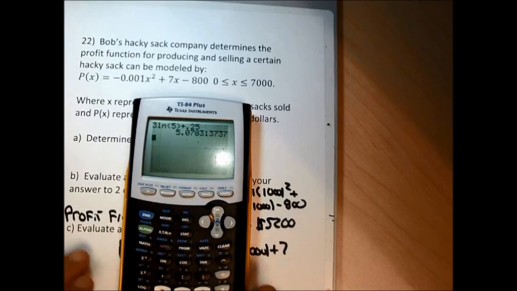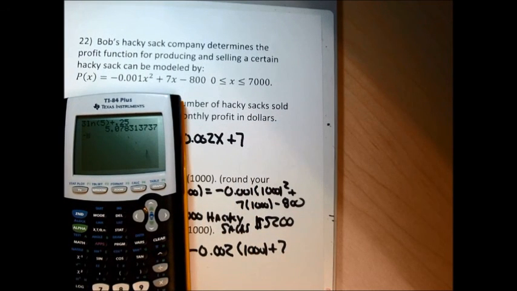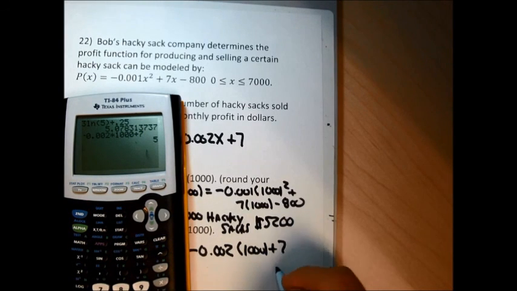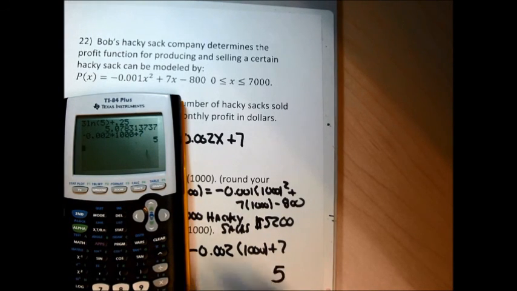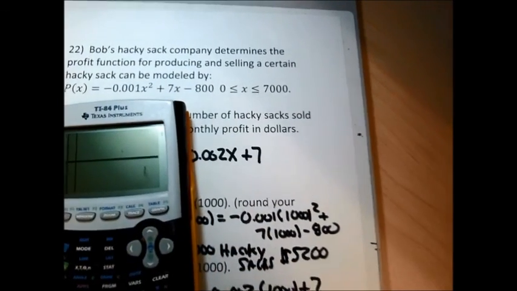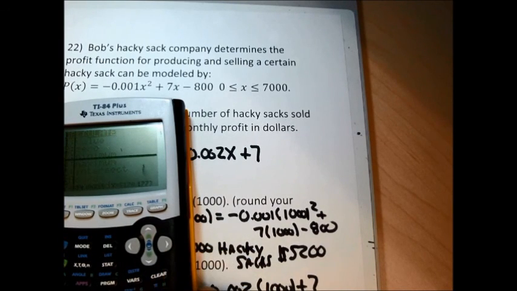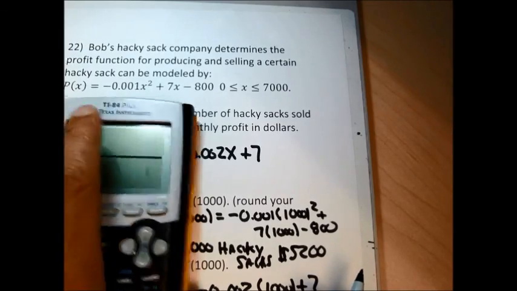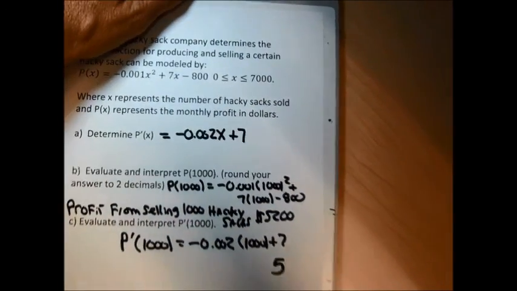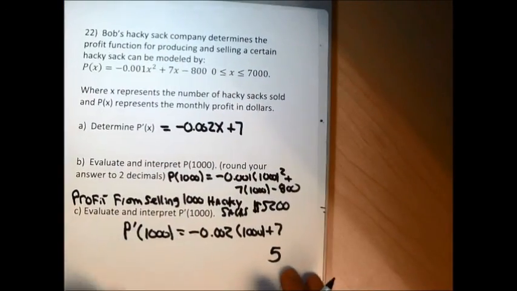So second quit, negative 0.002 times 1,000 plus 7. I get 5. Let me do that from my graph screen. Go y equals, graph it, then do second calc, go down to option 6, dy dx, type in 1,000. You get that same number 5, and that's going to be the profit we earn from selling the 1,000th and first hacky sack.